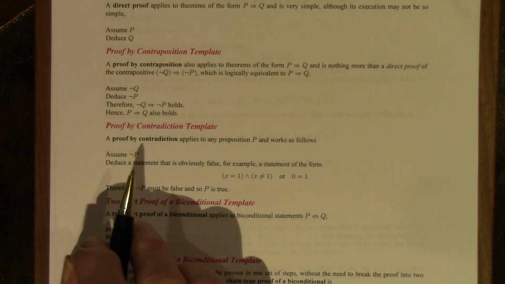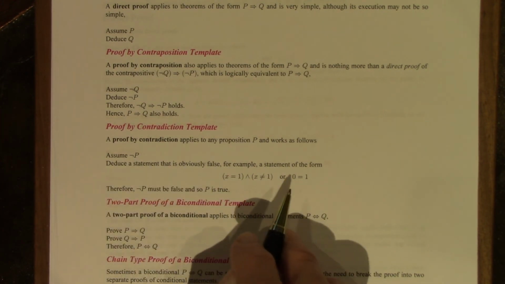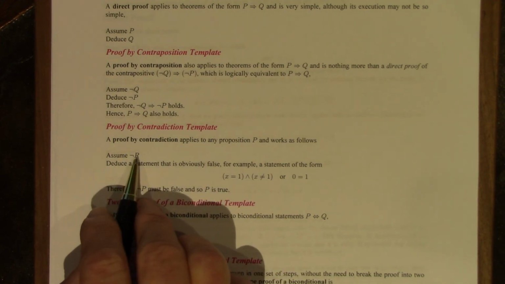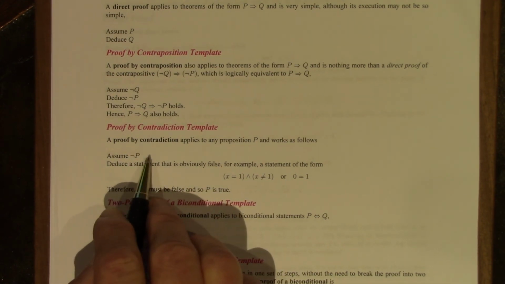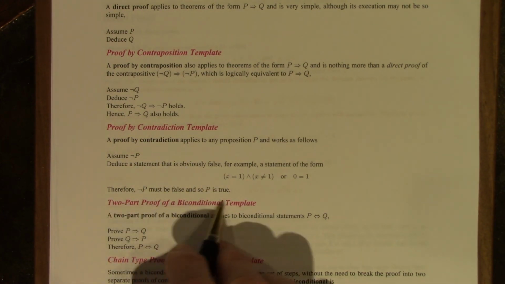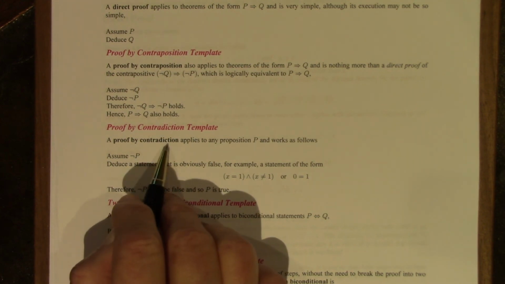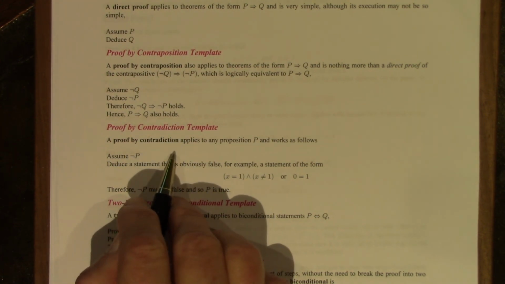And so if your assumption of not P leads to a false statement or a contradiction, then you know your assumption must be wrong. Well, if not P is false, P is true. That is proof by contradiction, and again, you should state that at the outset.